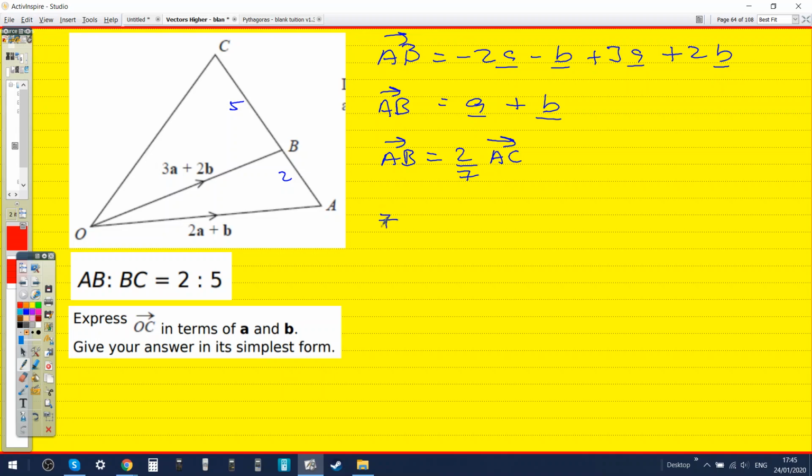Yes. Which is 7 over 2A plus 7 over 2B. Yeah. That is A to B. Sorry, that's A to C. What are we trying to find? O to C. Yeah.